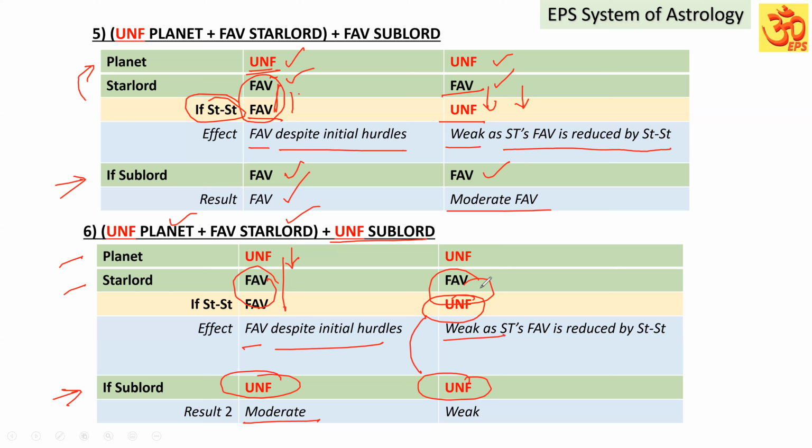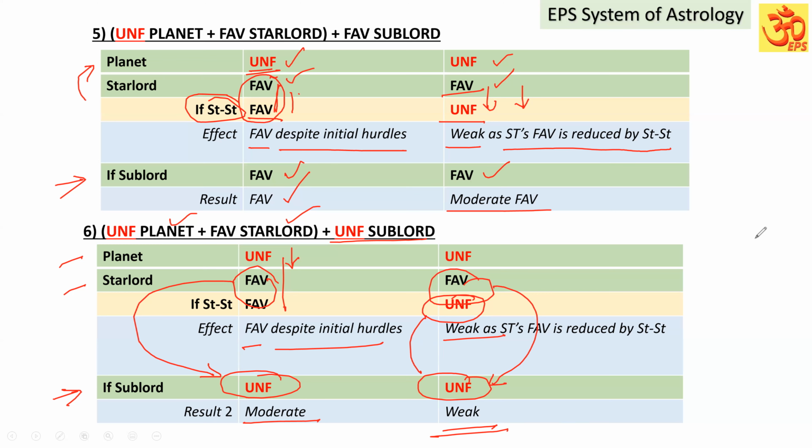So the favorable is not further supported by the sublord. Here also the favorable is not further supported by the sublord, but the favorable is getting support from the star lord of the star lord. Here the favorable is also not supported by the star lord of the star lord. So the star lord of the star lord and the star lord of the sublord both are unfavorable. It is going to be weak. So the consequent levels are unfavorable. I hope you understood the concept I am talking about.